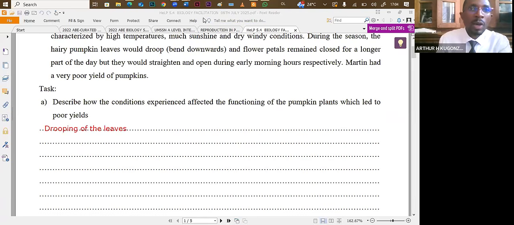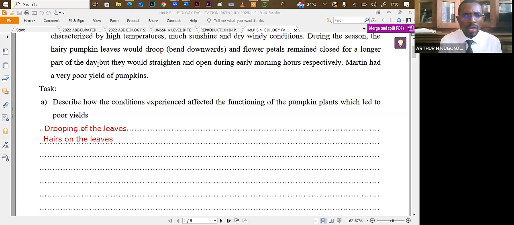We should continue reading. When you look at that point, there is also that statement of hairy. It is true also, hairs is a mechanism that is employed by plants to try to persevere in such conditions. So another point will be hairs on the leaves. Hairs on the leaves. That is our point number 2. We continue reading. And flower petals remained closed for a longer part of the day. There is also something there. Flower petals remained closed.